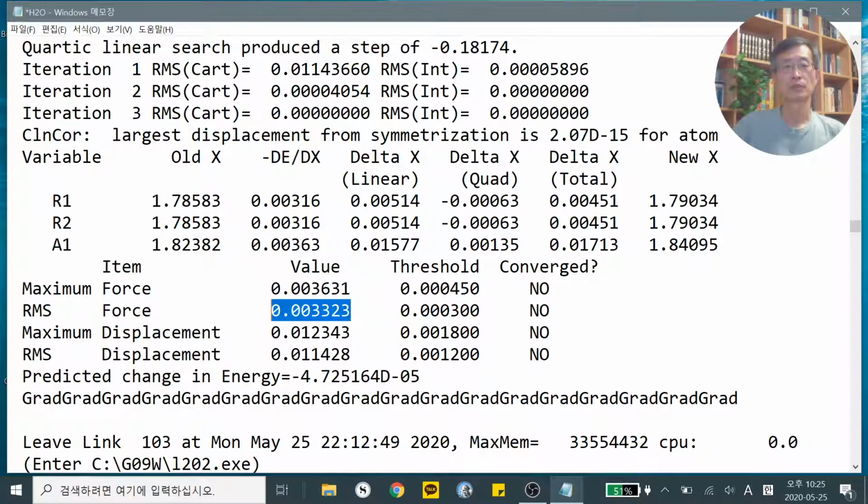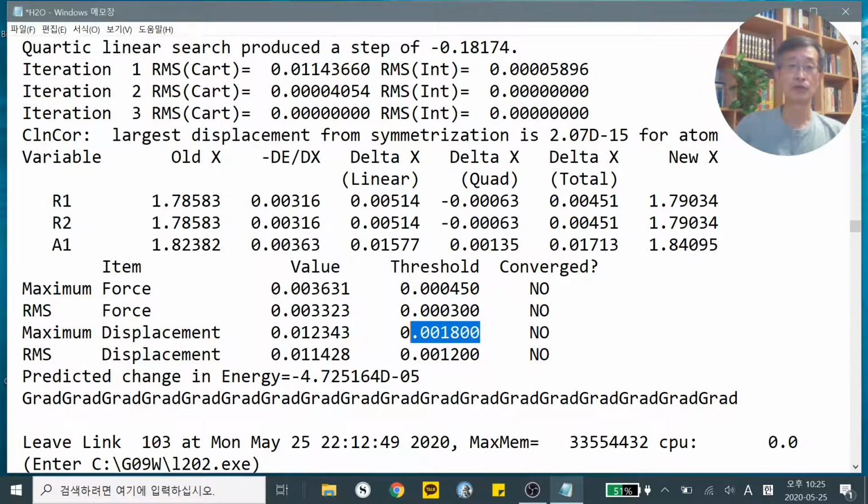And also the displacement. At the first step there is no displacement, but once the first step is done and it looks at the second step, it can compute the displacement required to achieve the next step, and that value is compared to the threshold, and that is greater.